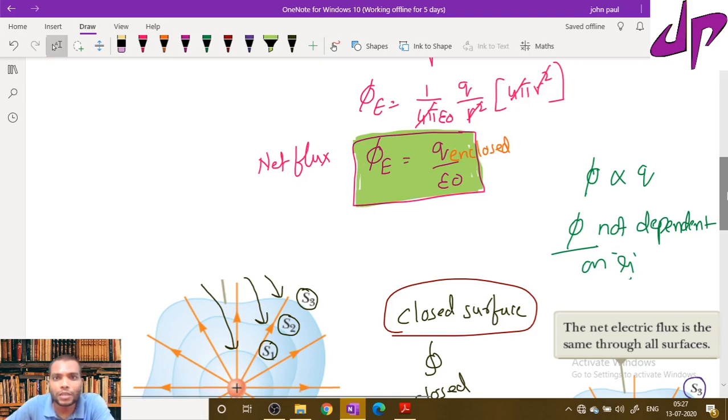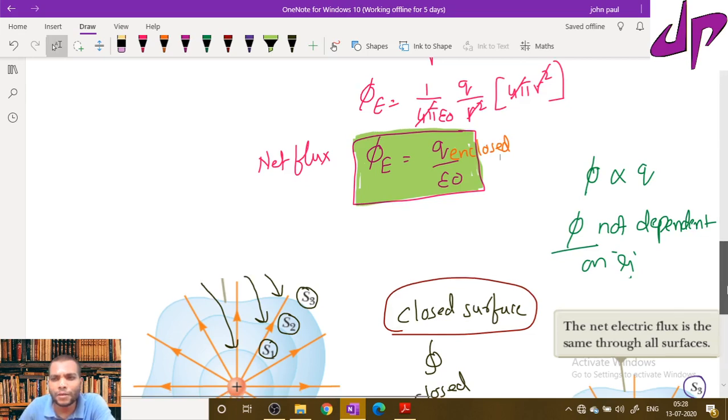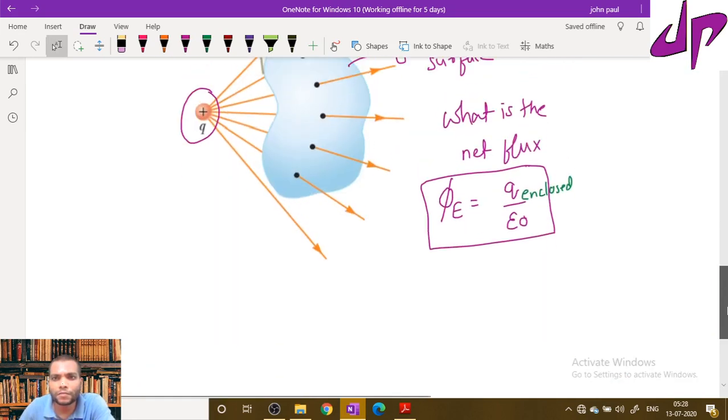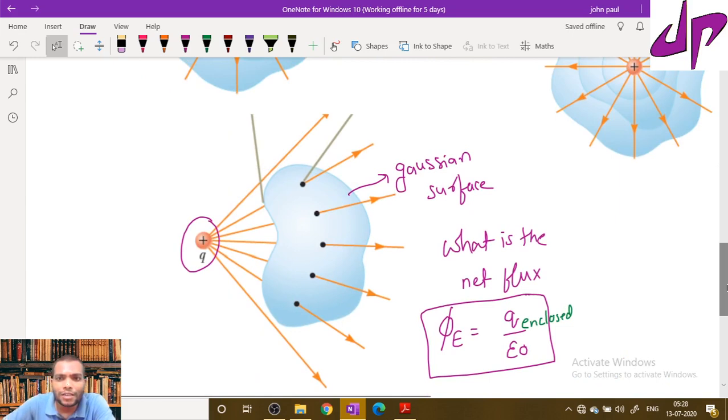The net flux phi equals the charge enclosed by the surface divided by epsilon naught, the permittivity. So in this case, what is the net flux? According to Gauss's law, flux phi equals the charge enclosed by the surface.